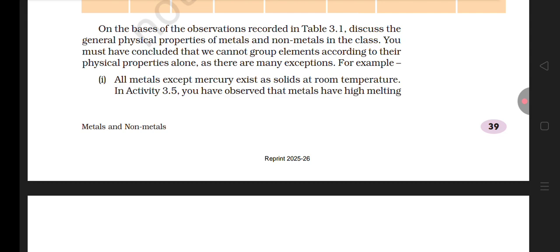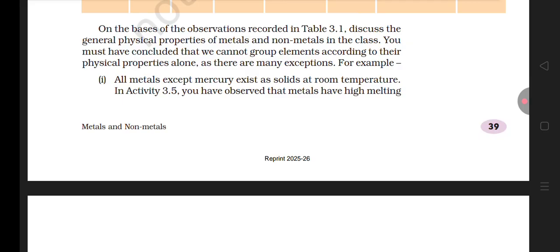You must have concluded that we cannot group elements according to their physical properties alone. There are many exceptions. For example, all metals except mercury exist as solids at room temperature. Mercury is the only metal that exists as a liquid at room temperature. But all other metals like copper, silver, gold exist as solids at room temperature.